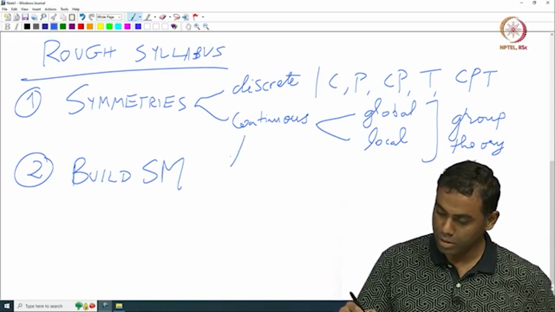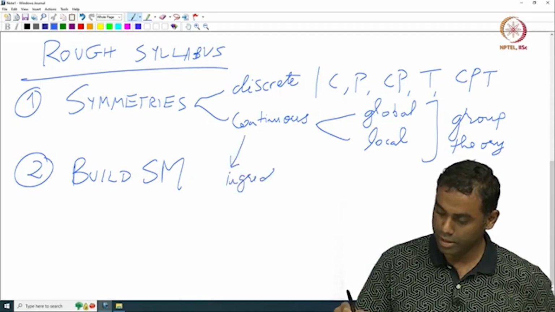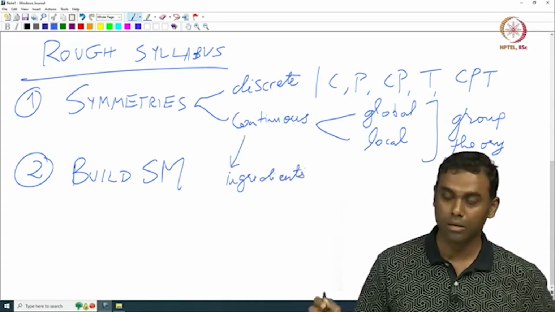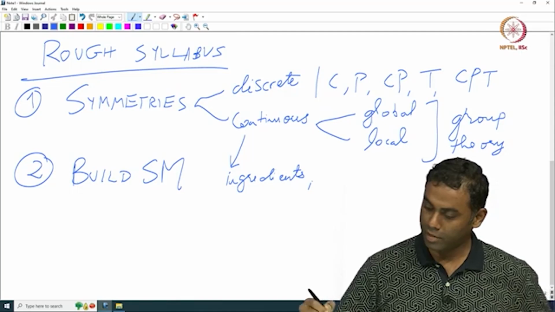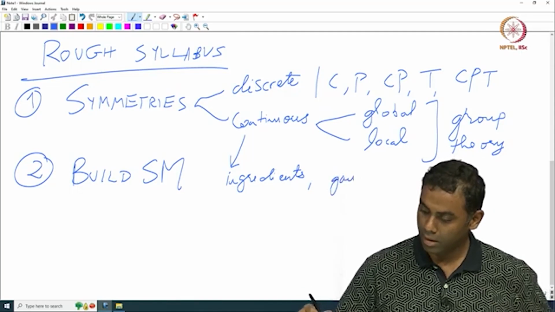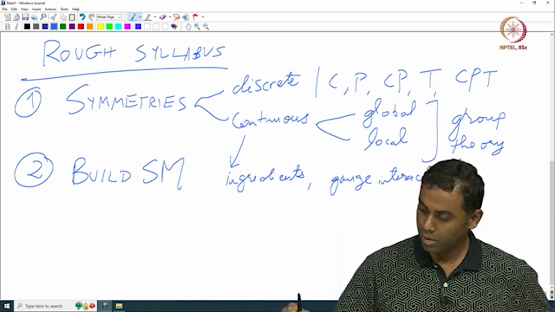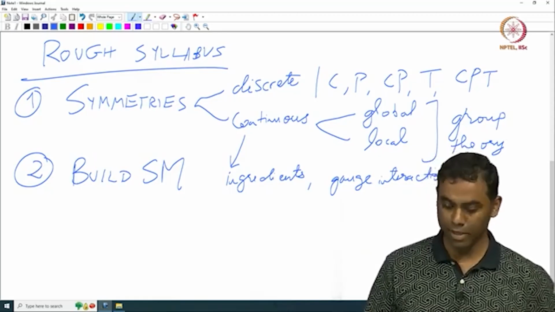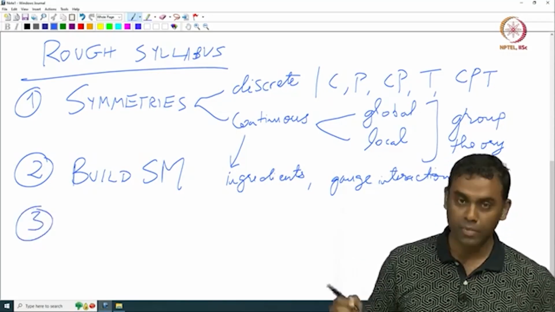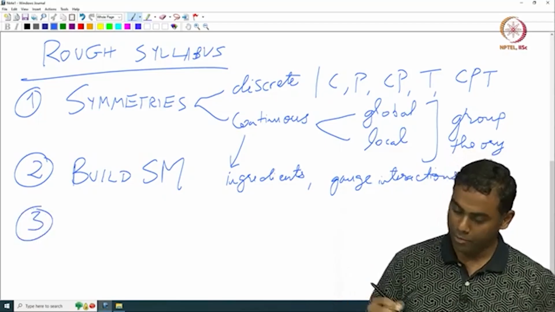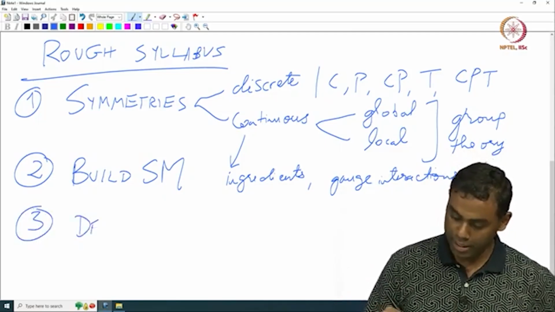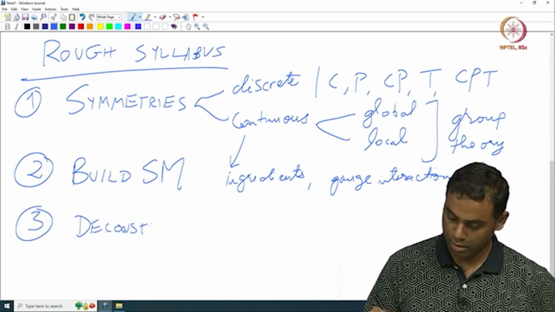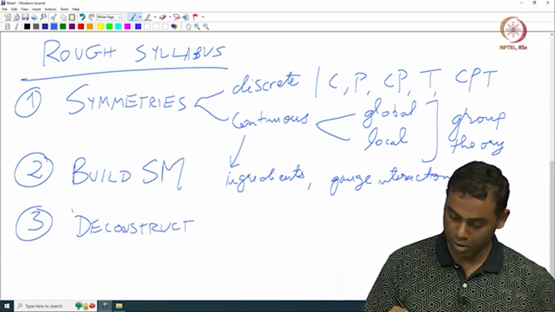So we will use these as ingredients, and we will put them to study the exact gauge interactions. Okay, and then what we will do is we will sort of deconstruct the standard model.